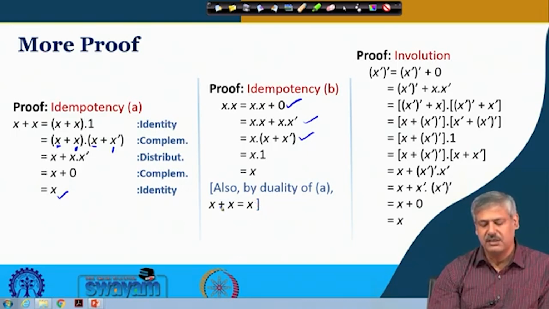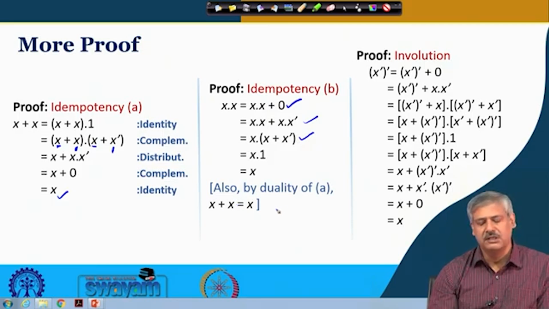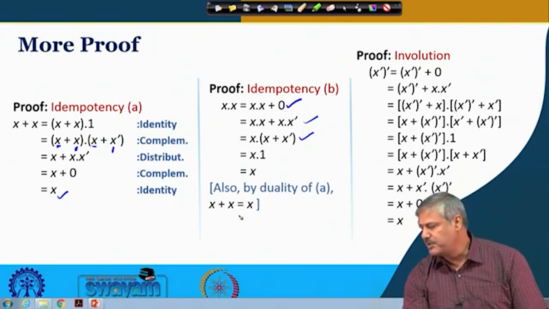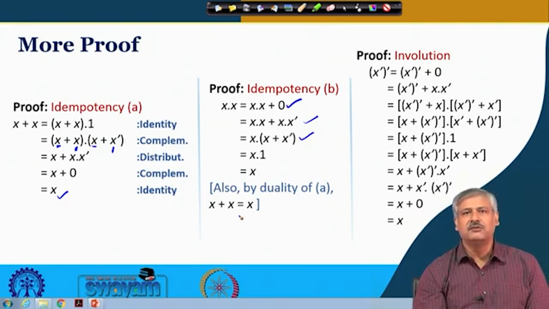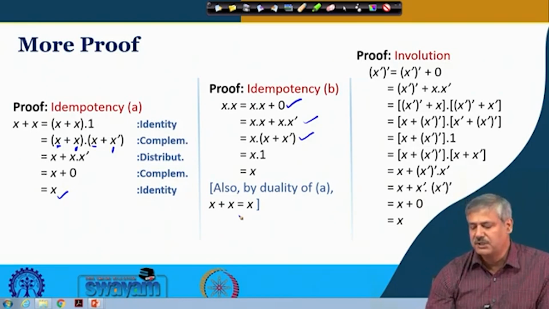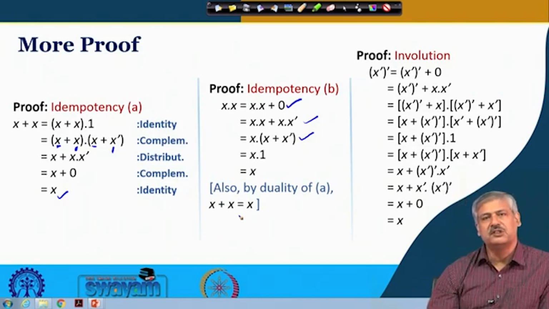Okay, that and is replaced with or, there is no identity element, so it remains same, x and x is x.